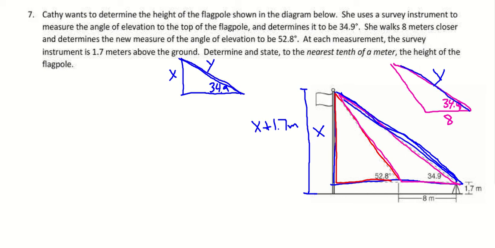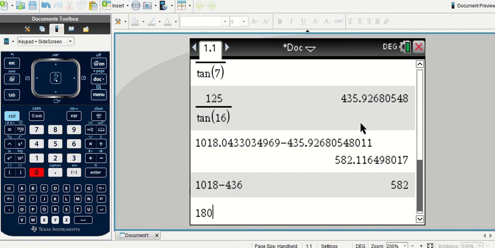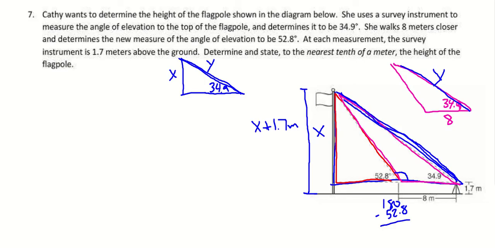Same thing we're going to do this time as before. If this angle right here is 52.8, then the angle next door to it is supplementary. So 180 minus 52.8 is 127.2.